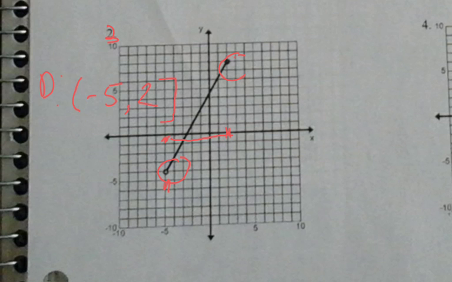Now remember, bracket is including, parenthesis is not including. So open circle, parenthesis, closed circle, bracket. So this function has a domain of negative 5, 2.